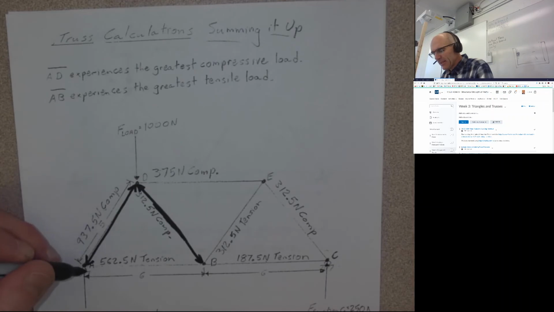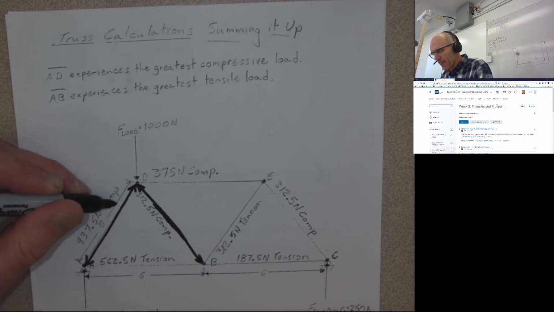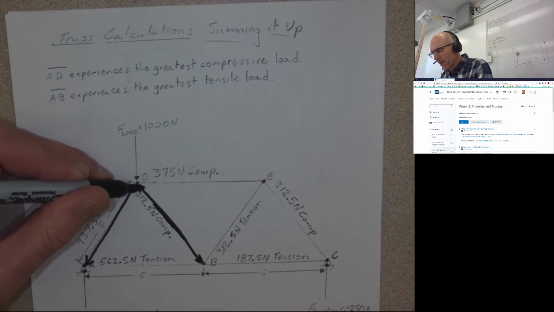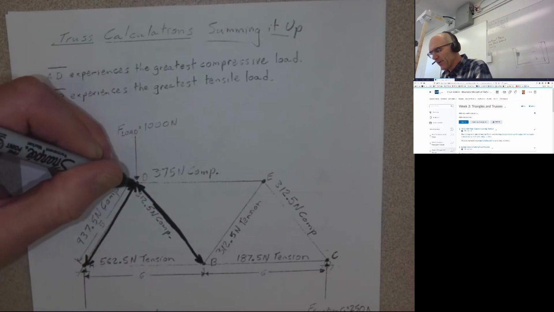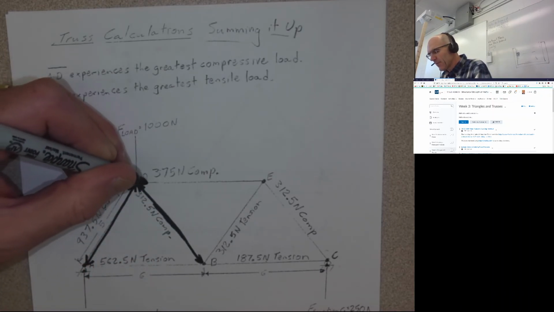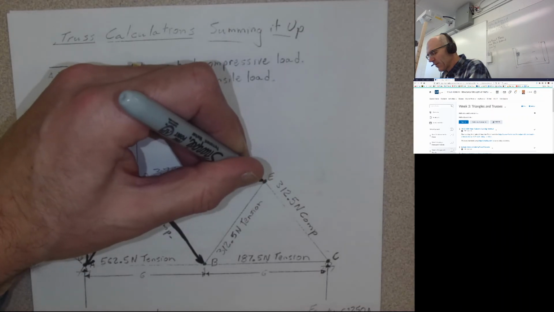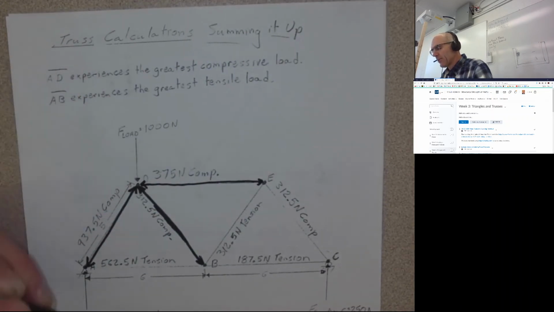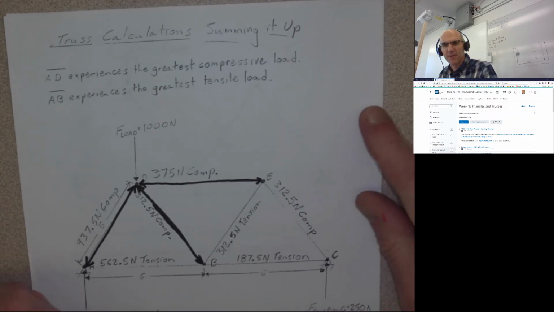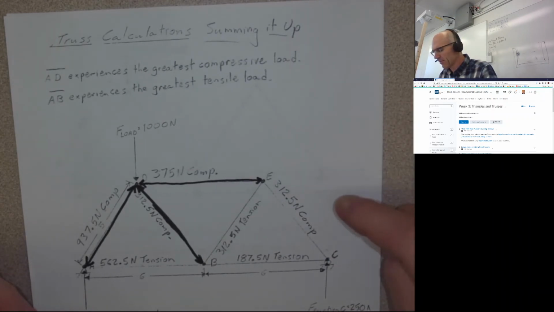Since this force is pushing over that way harder than this one's pushing over that way, there's some remaining force pushing over this way. So those members are all in compression. That was stuff that we calculated out fairly early on in the process.